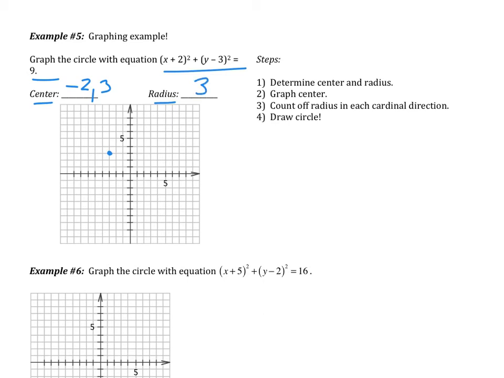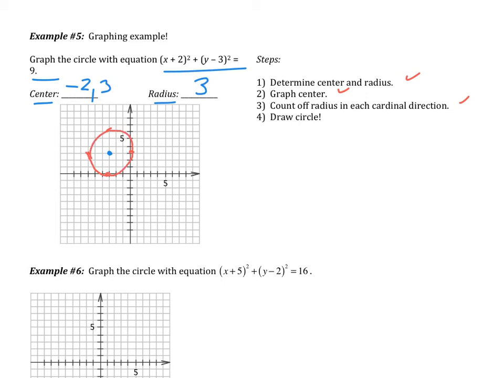Now, once you know what the center and the radius are, graph the center, done. Count off the radius in each direction. What I mean by that is go down 3, up 3, right 3, left 3 from the center. Now you've got 4 points with which to make a circle.